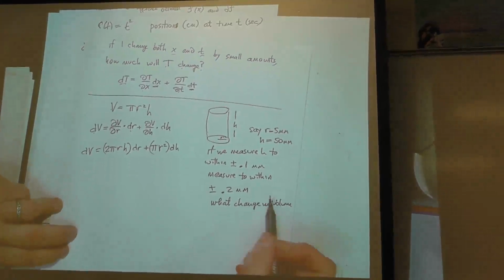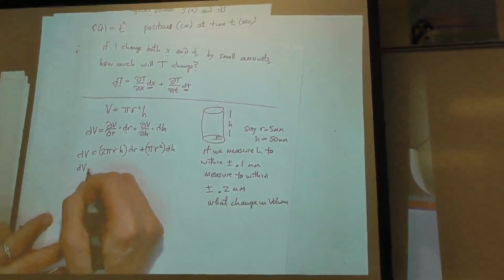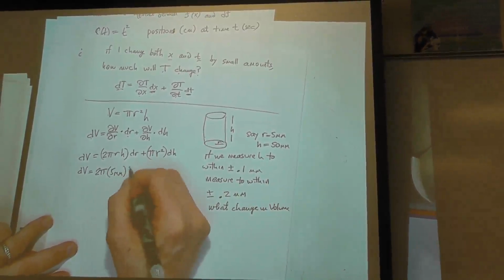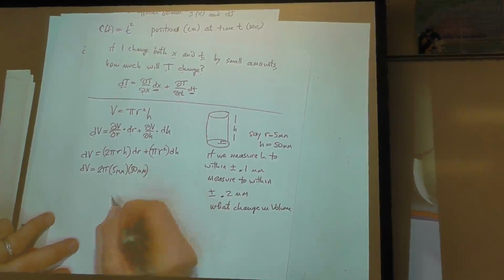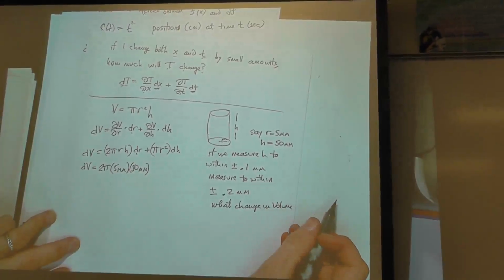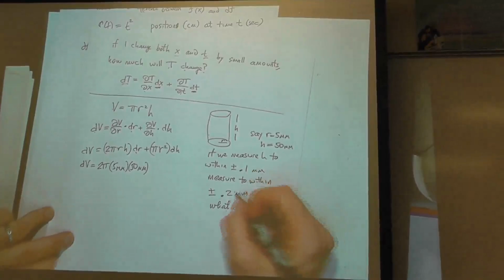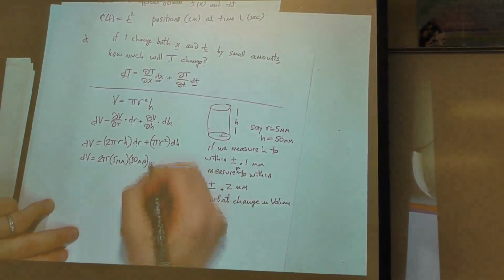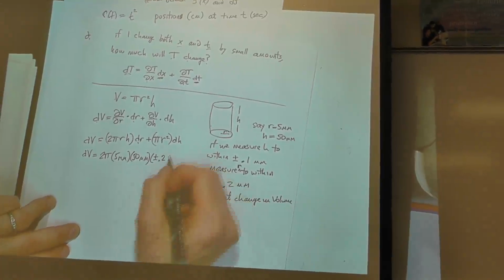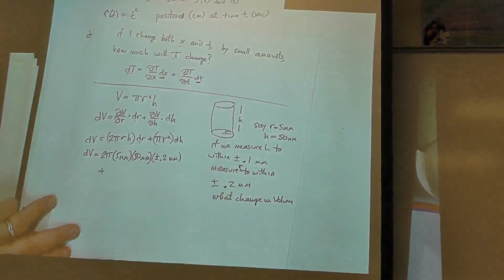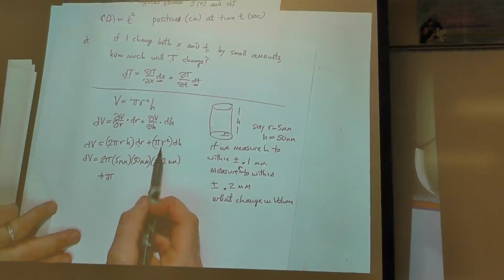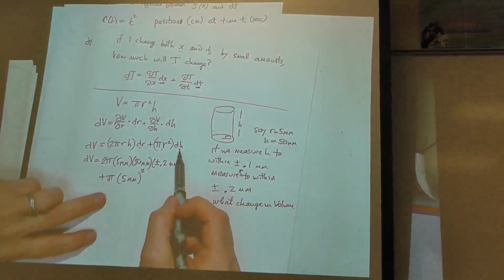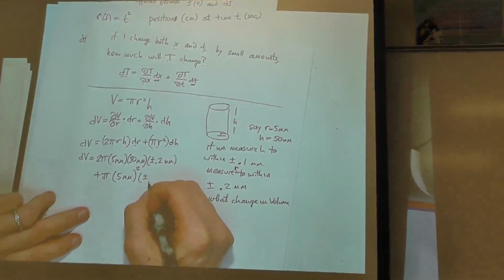And the rest of this is simply plugging in numbers. So my dV would be 2 pi, my r, 5 millimeters, my h, 50 millimeters, times dr. Measure r to within plus or minus 0.2 millimeters, so plus or minus 0.2 millimeters, plus pi r squared, so that's 5 millimeters quantity squared, times my dh, so that's going to be plus or minus 0.1 millimeter.